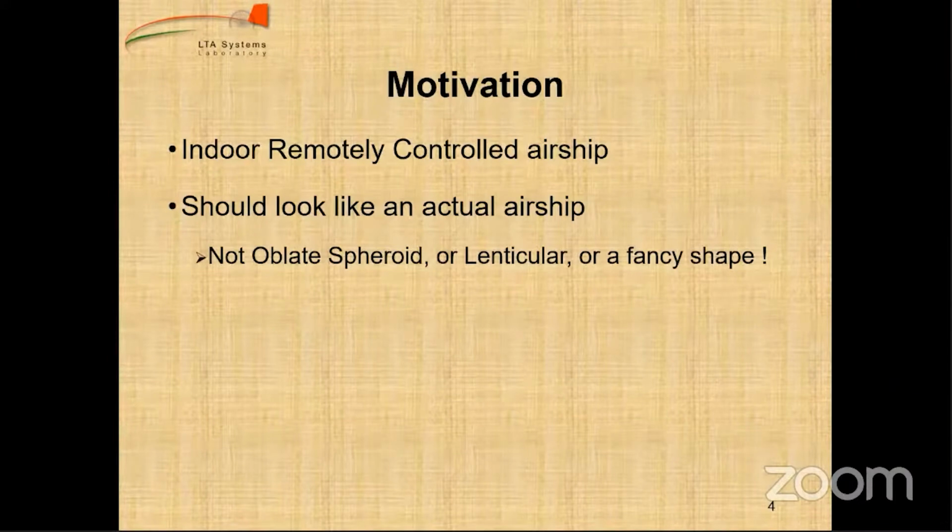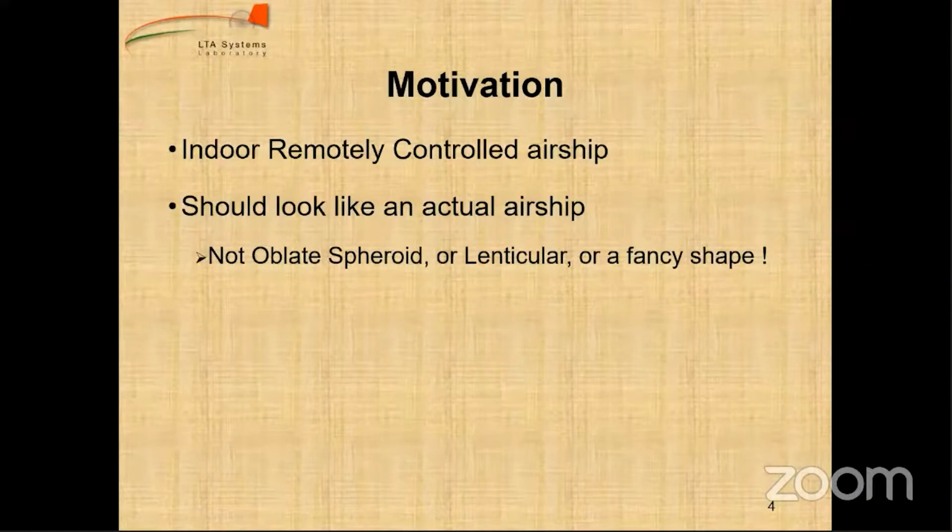That's why I would recommend that you take only the actual airship shape, not any fancy shape or any other shape which is complex in designing. Can someone let me know what is meant by the lenticular shape written over here? A lenticular shape is basically similar to a UFO.